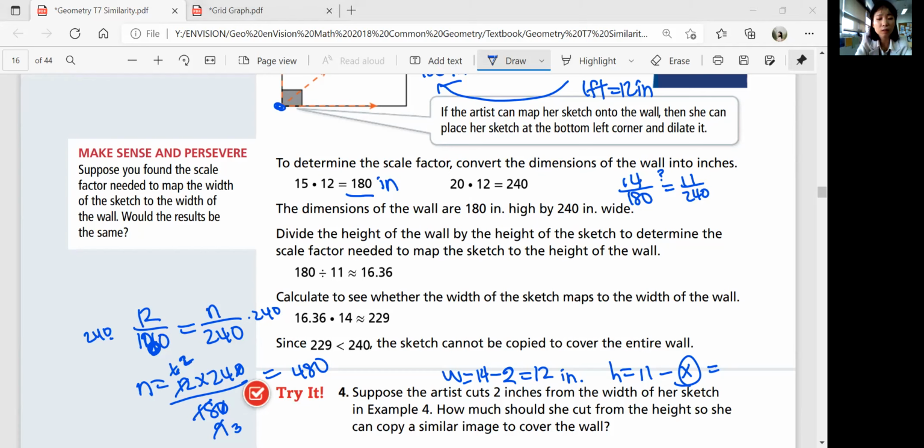Right, 240 times 12 divided by 180 is 16. Okay, divided by 3 is 16. So then, in order for your height to be 16, 11 minus what?